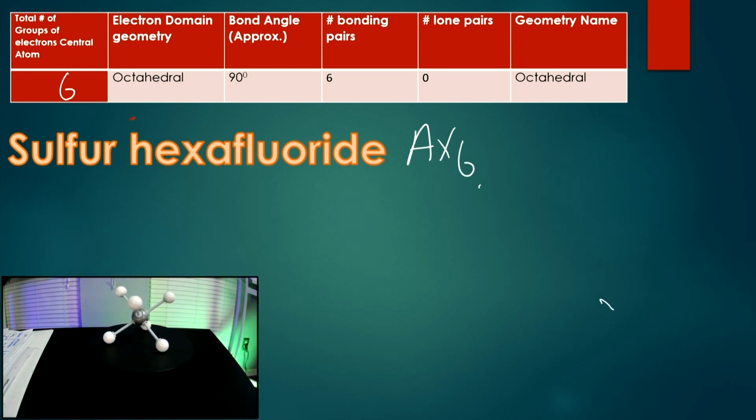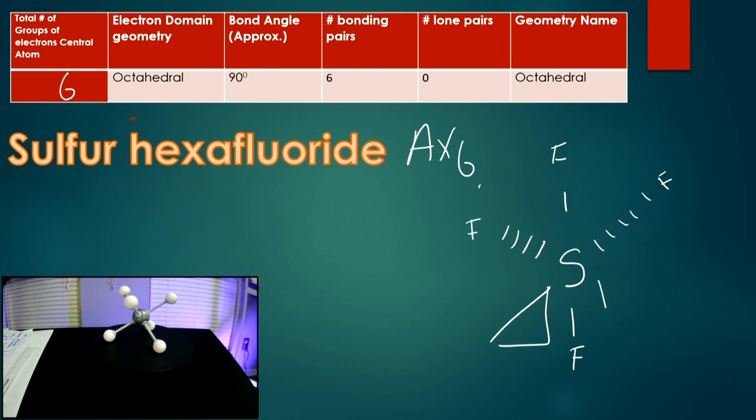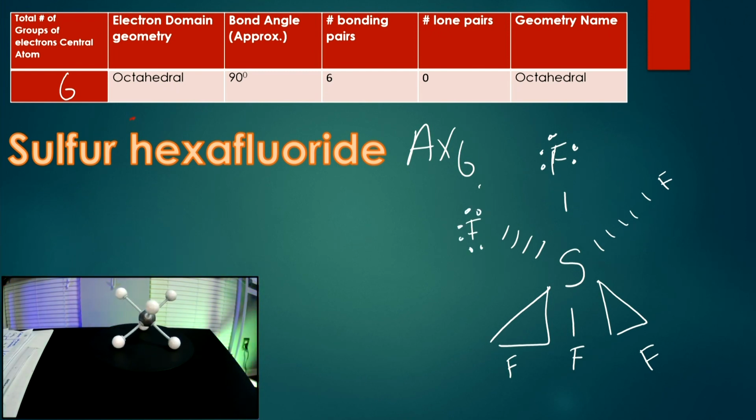So sulfur is going to go in the center. You're going to have an atom of fluorine either side. And then you're going to have one here. And your wedges here and here. So you need to make sure that you fill in the unbonded electrons on your outer atoms.